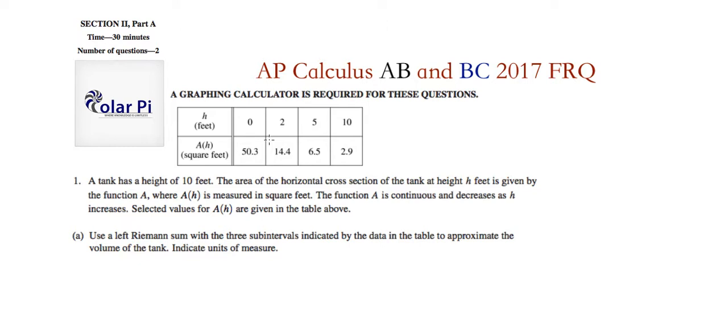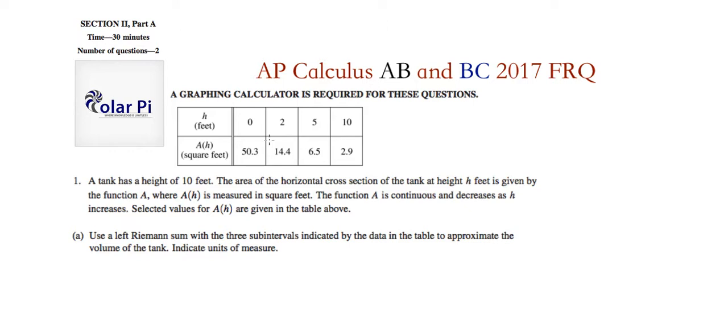That's basically what you're told here, about the cross-sectional area. You've taken slices of the cone at certain heights, at 0, at 2 feet, at 5 feet and at 10 feet, and you're told the area of those slices or cross-sections.